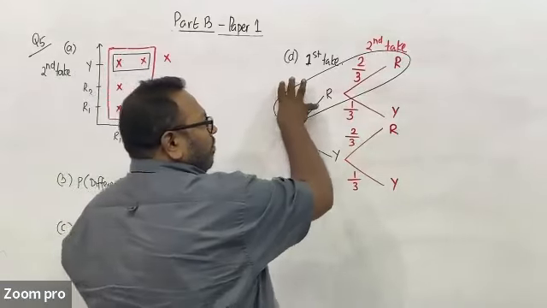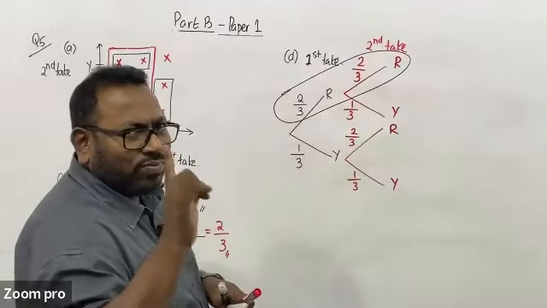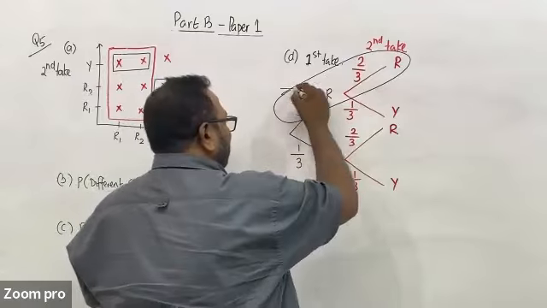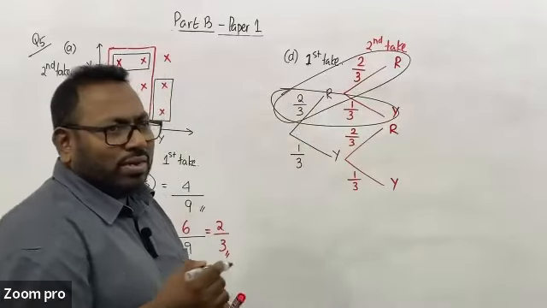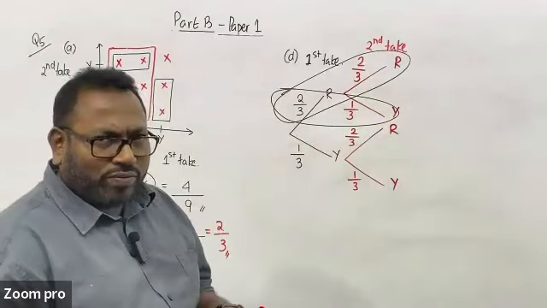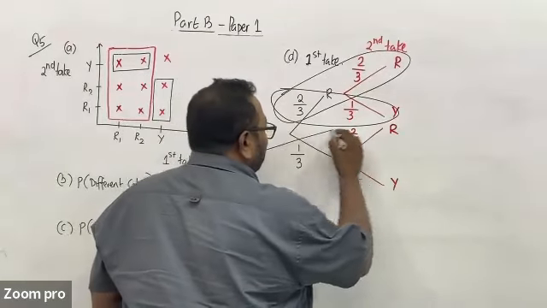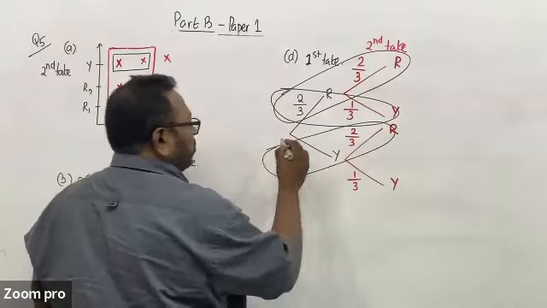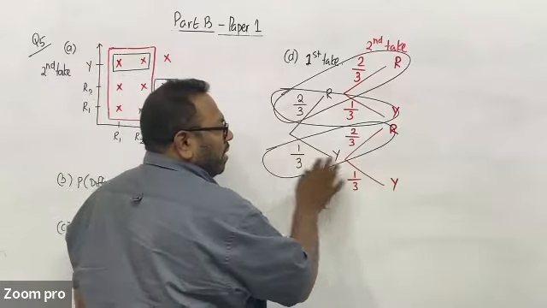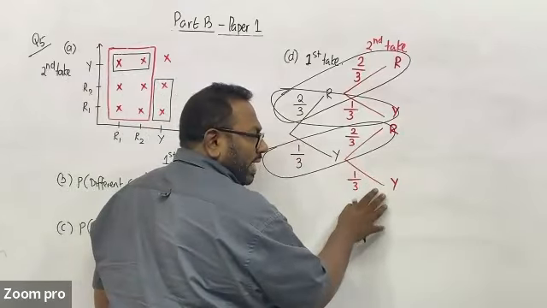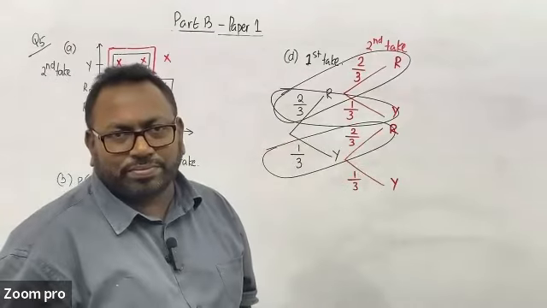If you take a red for the first time, second time you can take a yellow. At least one red. You can take this. And if you take a yellow for the first time, the second time you need to take a red. So you need to take this also. If you take a yellow for the first time and the second time is also yellow, you don't take this probability.